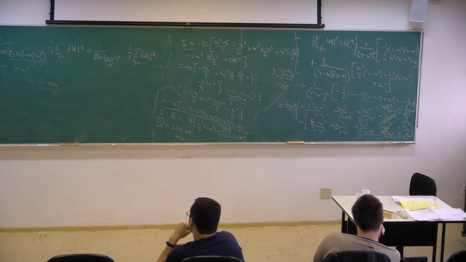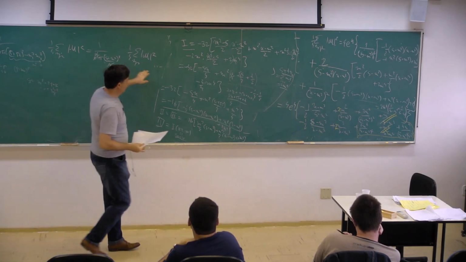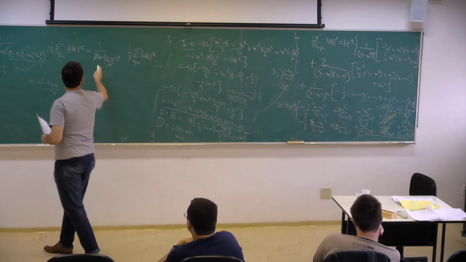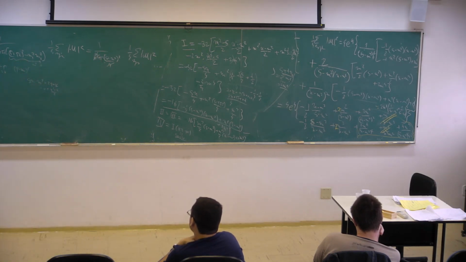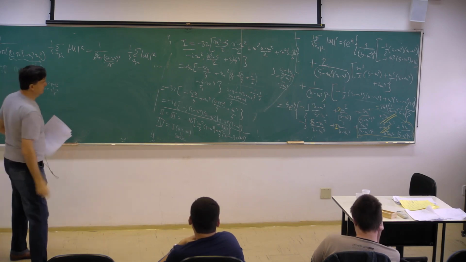And so now substituting, this thing was 4e to the 4. The 4 cancels one more in the denominator. So we get 1 over 4 pi (s minus m squared) squared e to the 4 times that bracket.